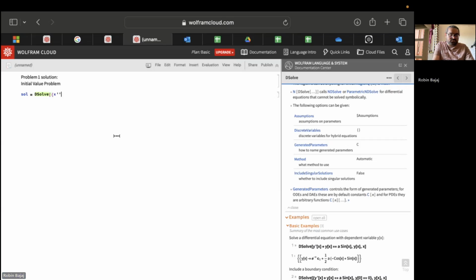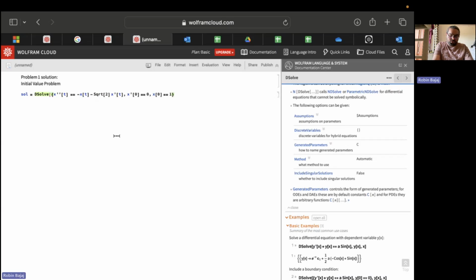So x double dot t, or you can write as equal equal, minus x t minus sqrt 2 x dot t, with the conditions x dot 0 equals 0, x 0 equal 0. Sorry, that is 1.